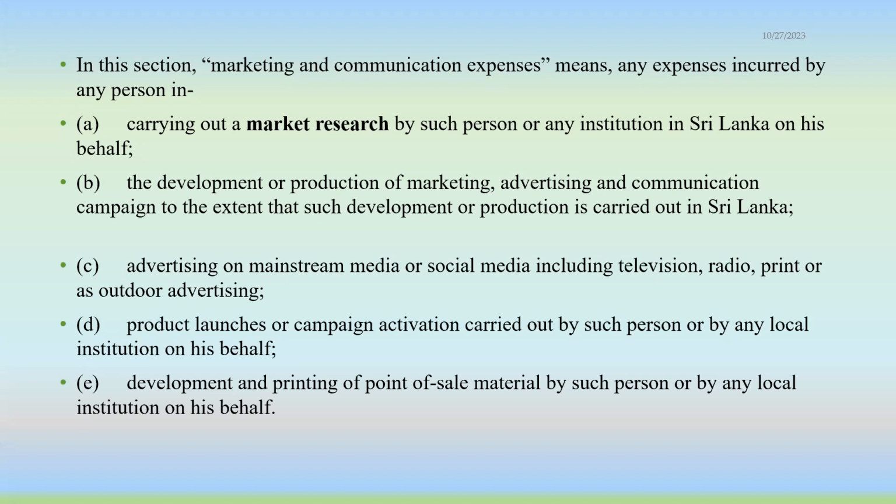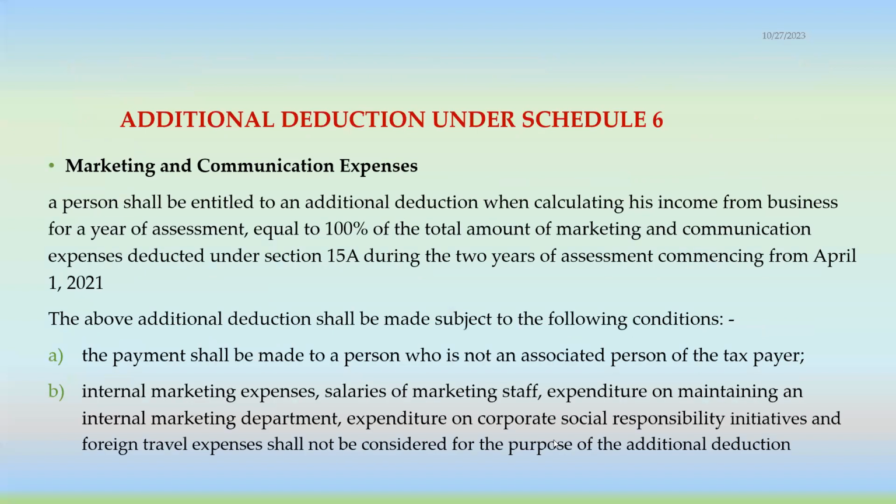So campaign activity carried out by such person or by any local institution. And see these very important wordings. Most of the items, that means A, B, and E. There are 1, 2, 3, 4, 5 items in this part.